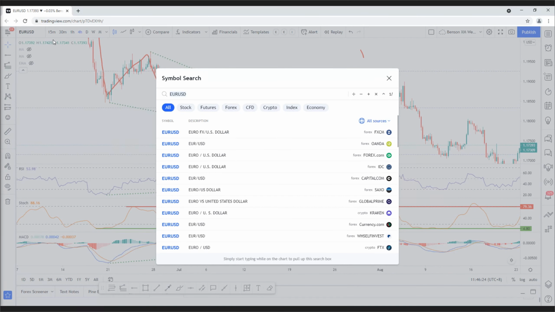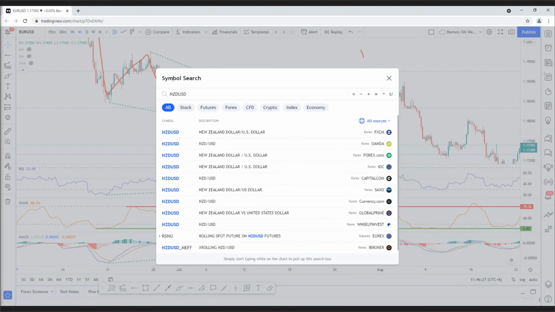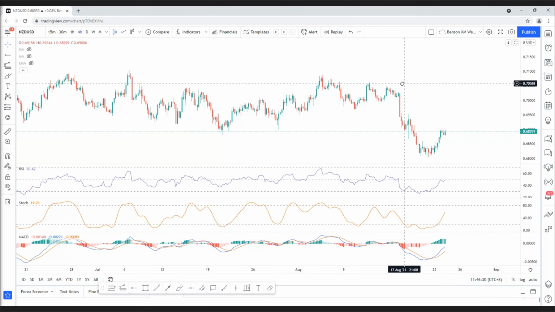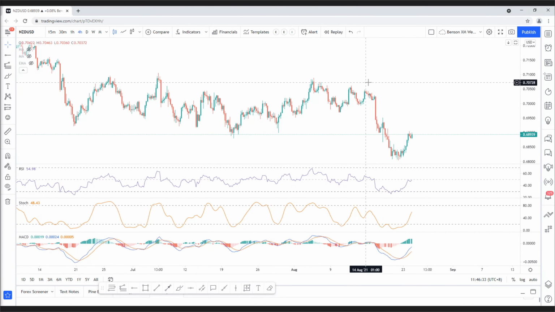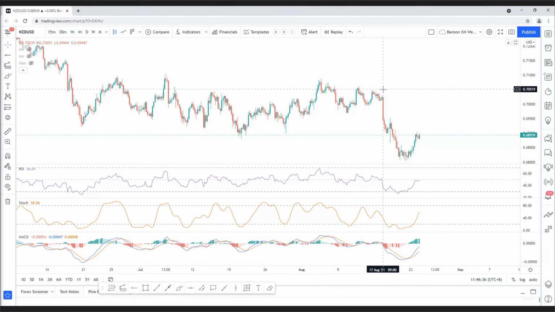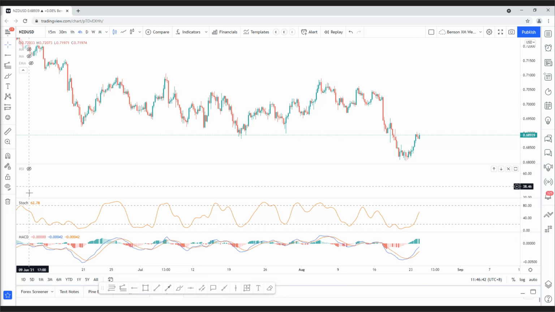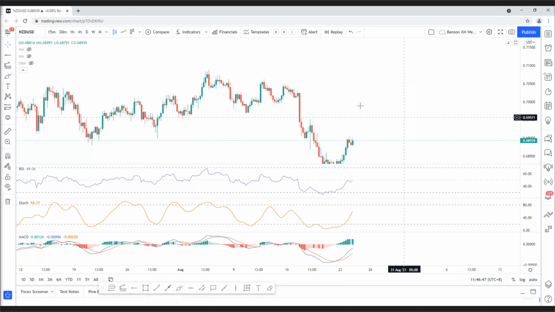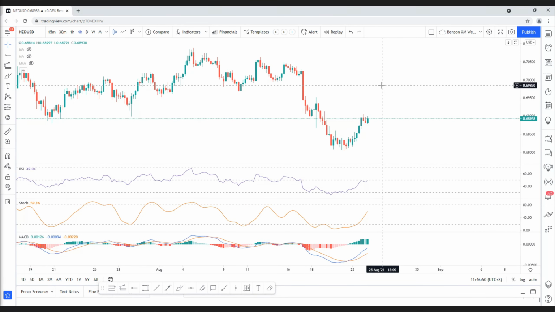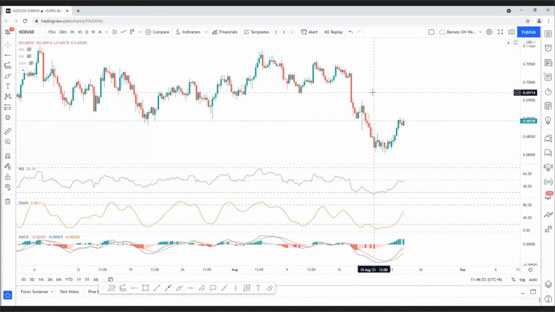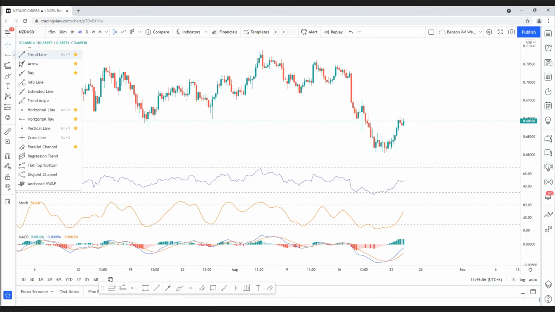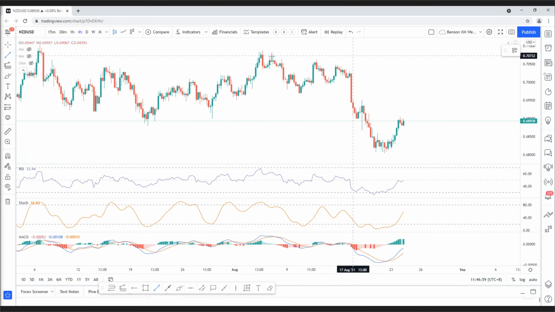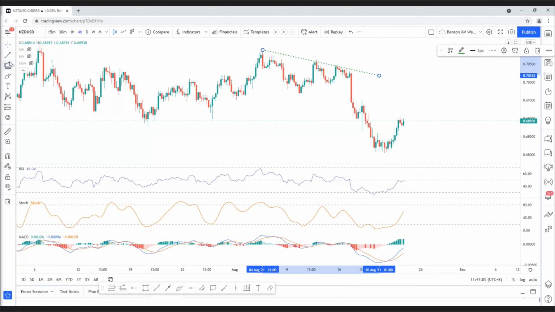Okay, so let us quickly take a look at another example of a triangle pattern. Let me just try to find the triangle pattern that we saw previously. Okay, so this triangle pattern. Let me just take it away. So the next chart we are going to is the Kiwi dollar itself. Kiwi dollar previously, I think 2 weeks ago or so, was in a symmetrical pattern consolidation.